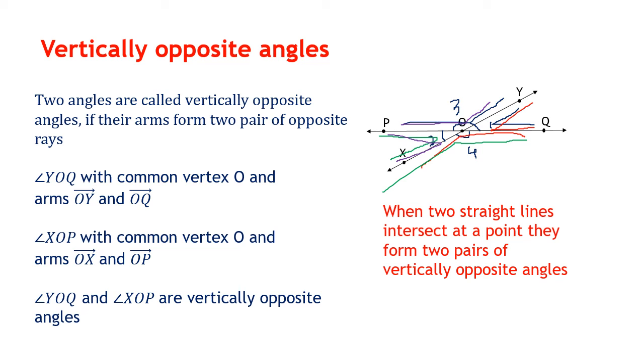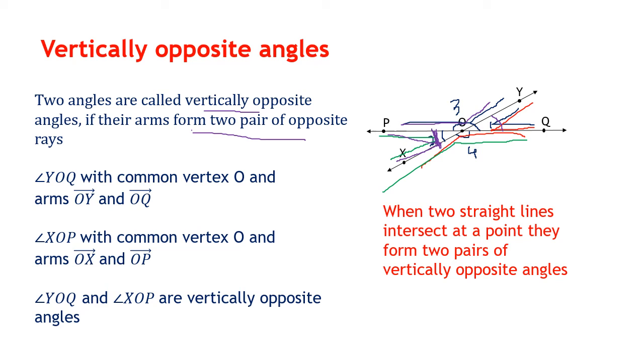Okay? But then what is the definition of vertically opposite angles? Two angles are called vertically opposite angles if their arms form two pairs of opposite rays. Two pairs of opposite rays. So if you look at angle YOQ and angle XOP, look at YOQ and XOP, I'll draw them dark.